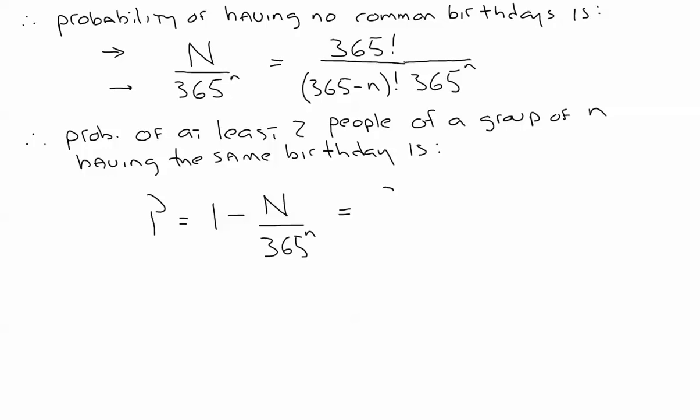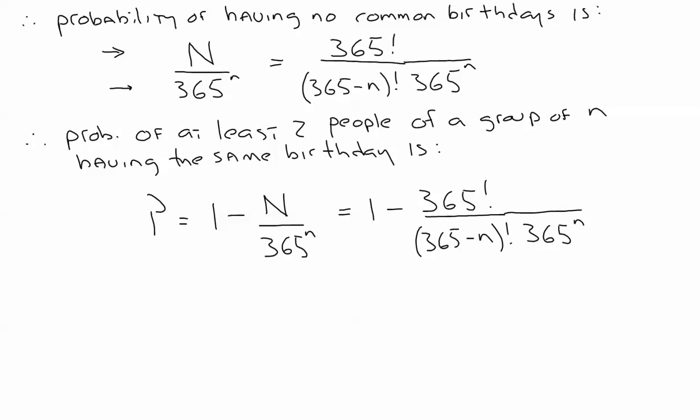And that is 1 minus 365 factorial divided by 365 minus n factorial times 365 raised to the nth power. Okay? That is our result.